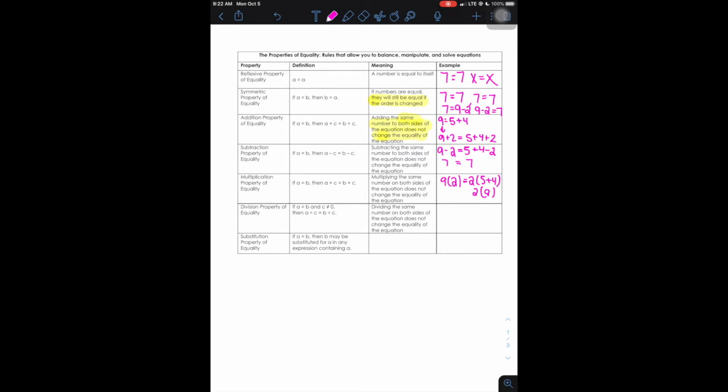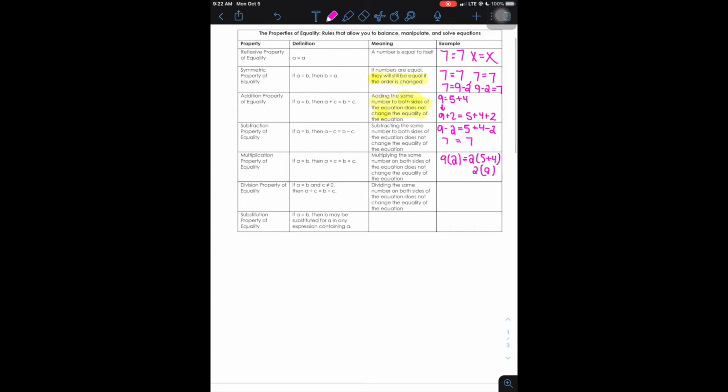I don't know why I make these boxes so small, but you'll see that 18 is equal to 18. So we're able to multiply equal objects by the same number and the equality does not change.